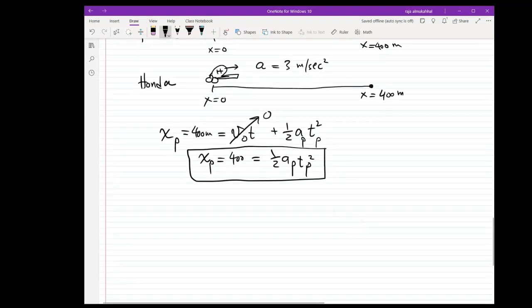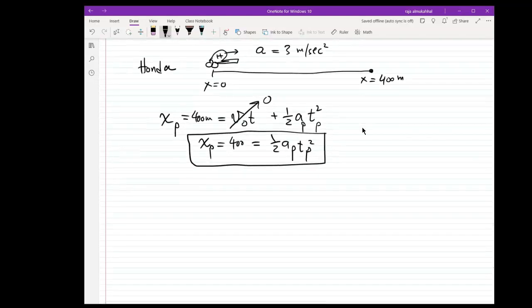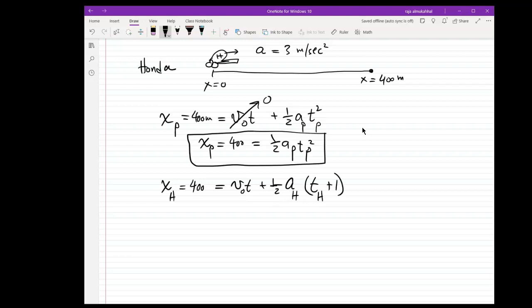Now for the Honda, however, we have something similar, but we are giving the Honda a 1 second extra. Okay, so the Honda's x sub h, which is also 400, is going to be equal to v naught t plus 1/2 a for the Honda, the acceleration, but the time here is given 1 second extra, so it's going to be t Honda plus 1 quantity squared.